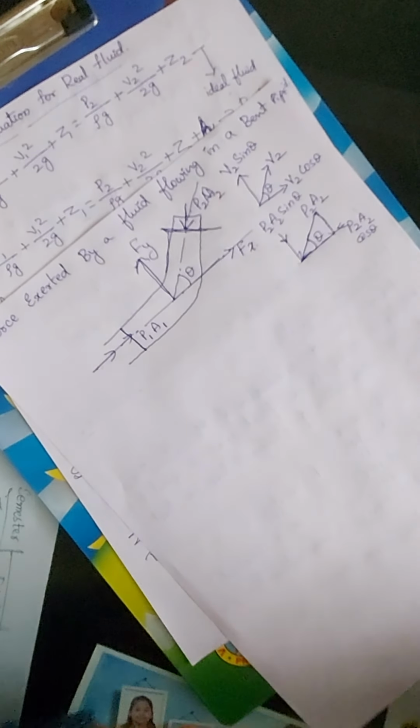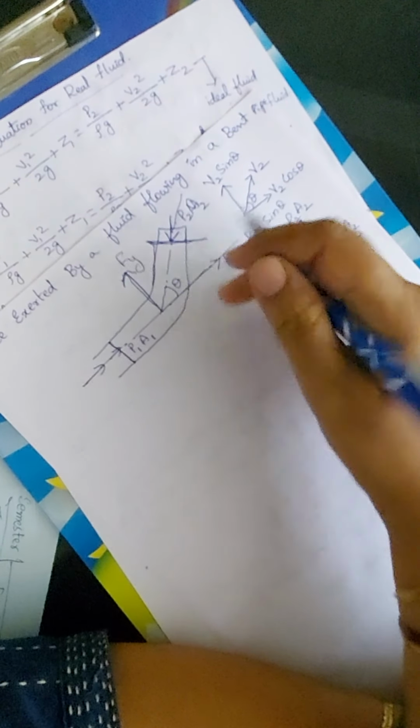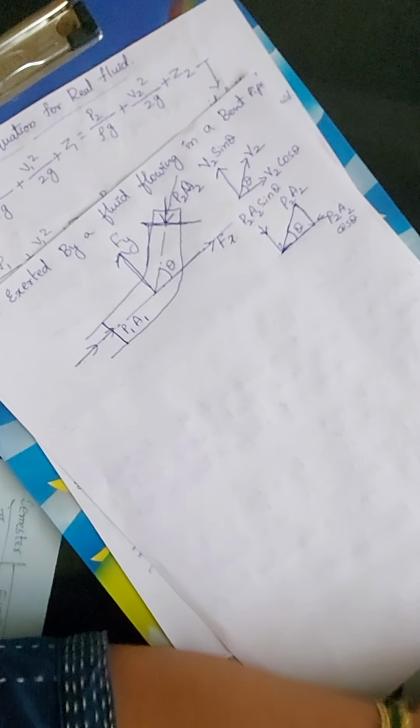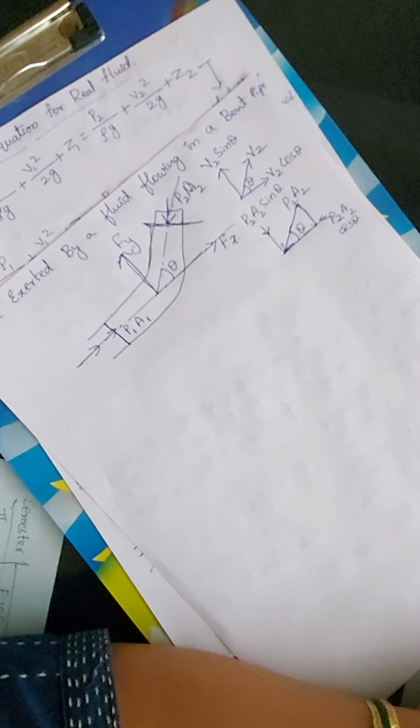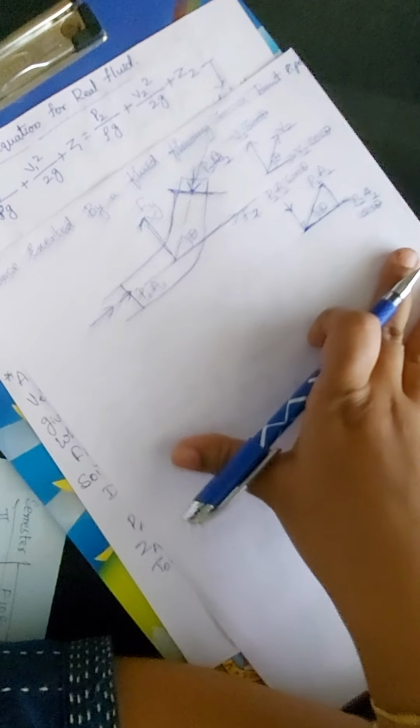As I have told you, the impulse momentum equation is used to determine the resultant force exerted by a flowing fluid on a bent pipe.